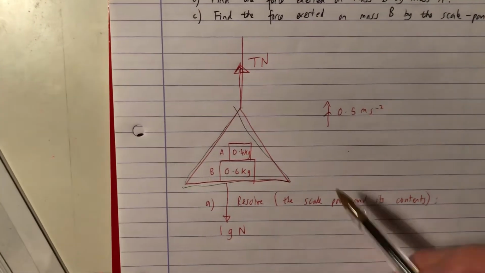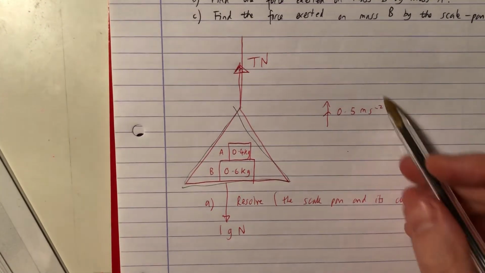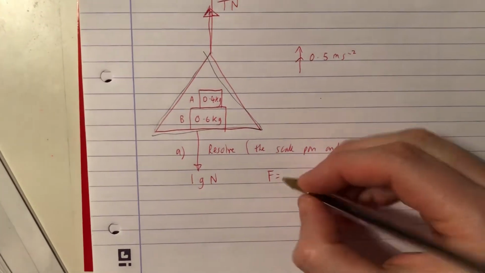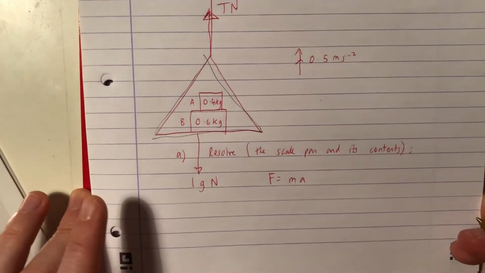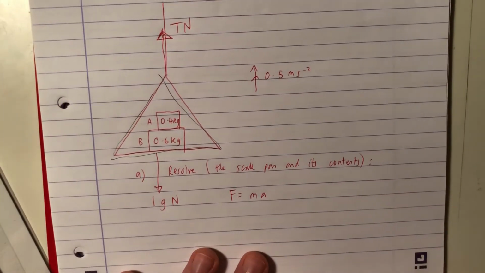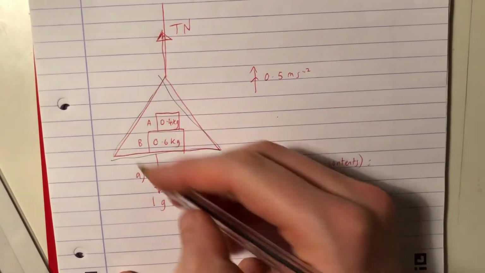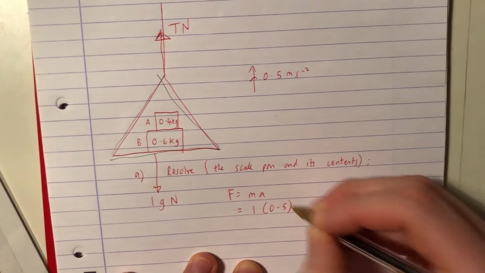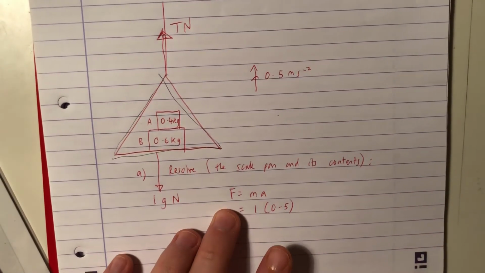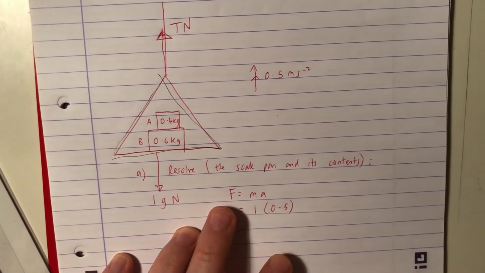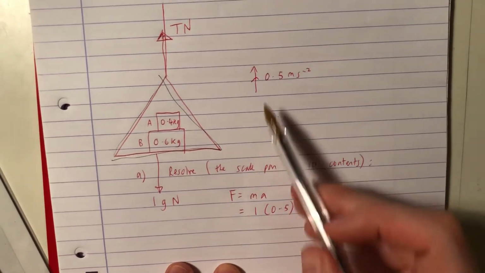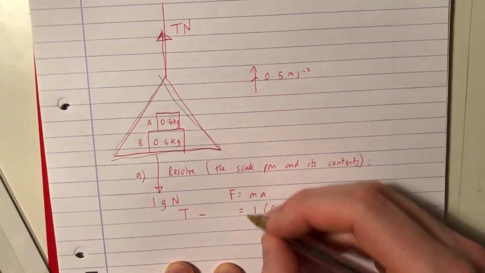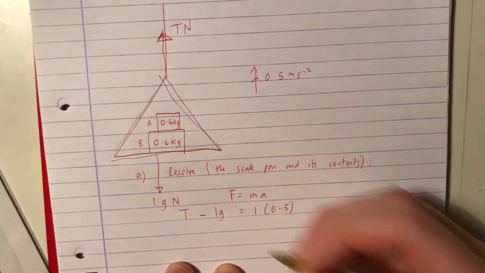Right. Okay, in this direction, is the object accelerating? Yes. So you should state Newton's second law, F equals ma. The mass of this entire object and its contents is 1 kilogram. The acceleration is 0.5. The resultant force, the other way to work it out, is the forces going with the motion, T, tension, subtract the forces resisting the motion, which is the weight, 1g.